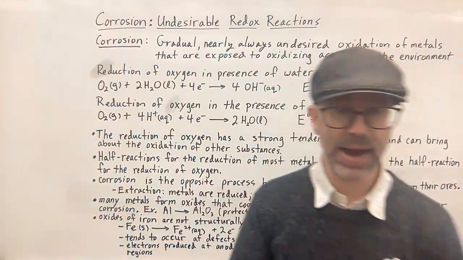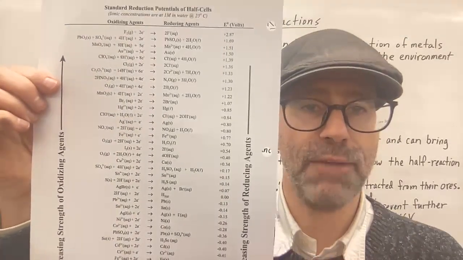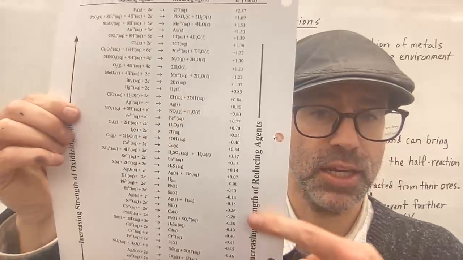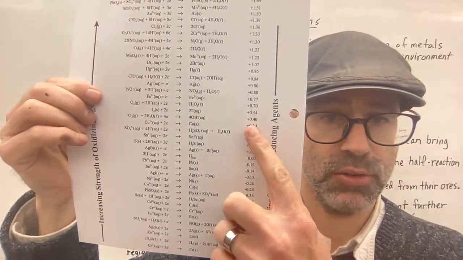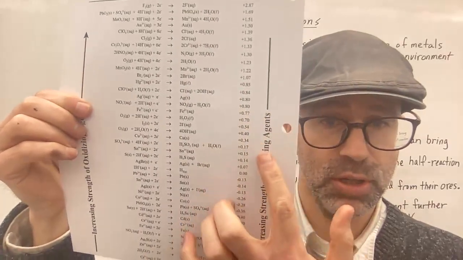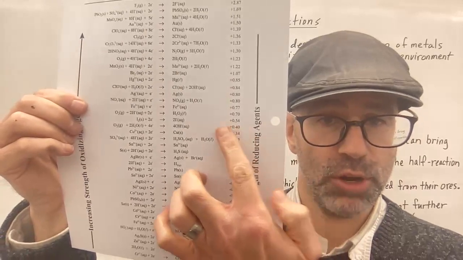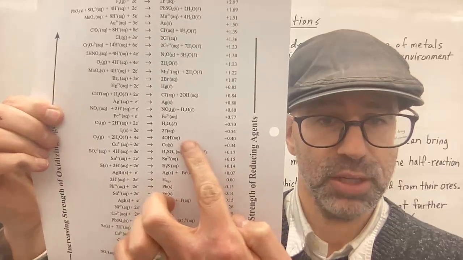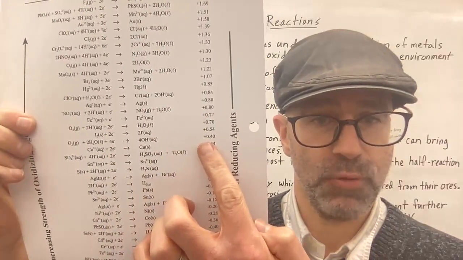So if we go back to our list of reduction half reactions and find the reduction of oxygen in the presence of water, there it is, oxygen and water, with a plus 0.40.